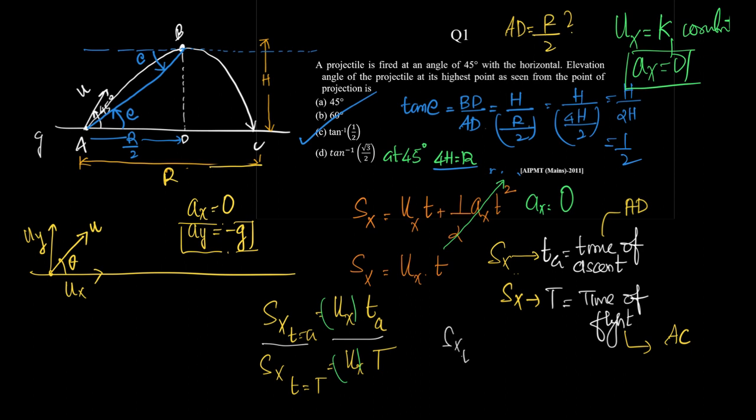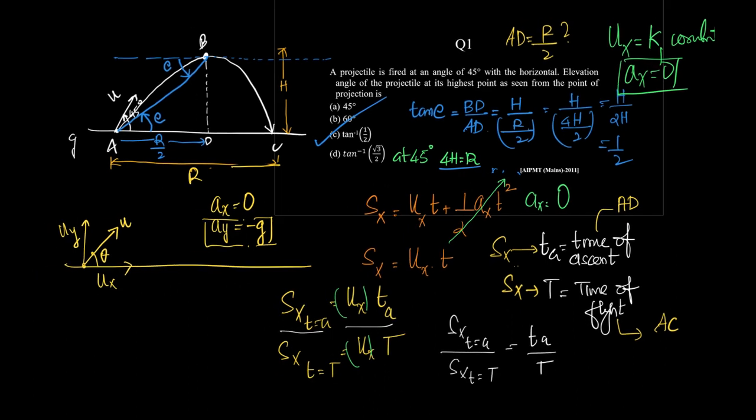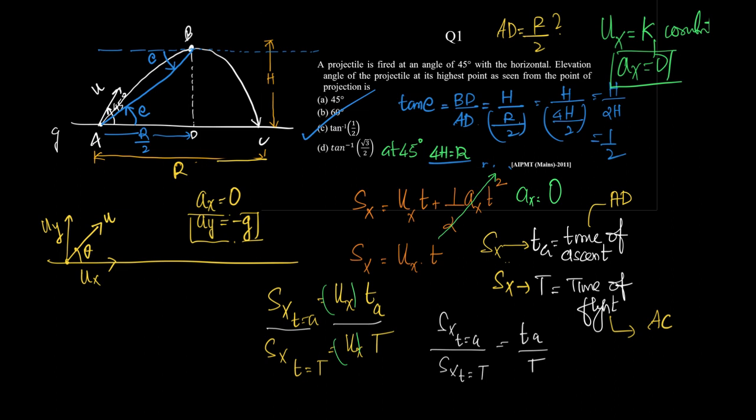Sx at t equal to Ta, the whole upon Sx at t equal to capital T, is equal to Ta by T. Now what is Sx at t equal to Ta? We have written it as AD. So we have AD by, what is Sx at t equal to T?